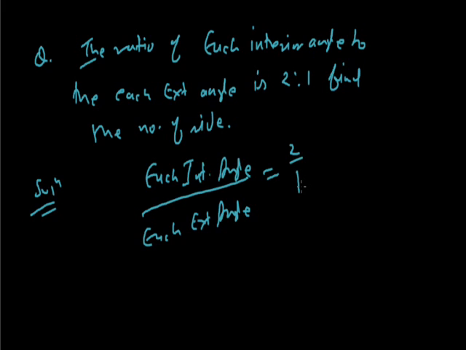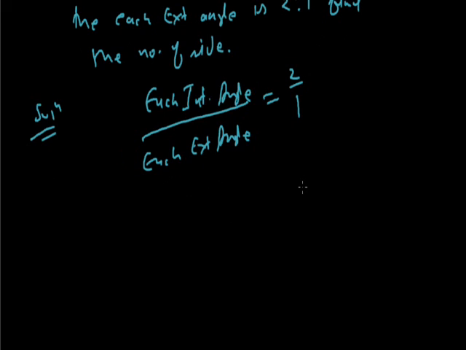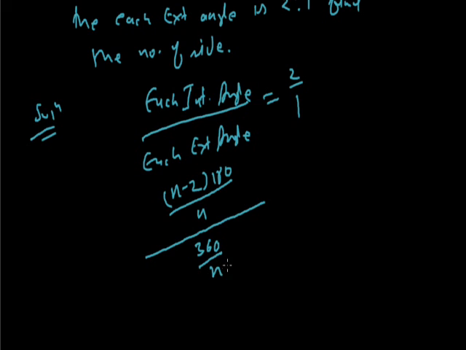And we know that the formula for each interior angle in a regular polygon is (n minus 2) into 180 divided by n, and each exterior angle is 360 divided by n, and their ratio is given as 2:1.